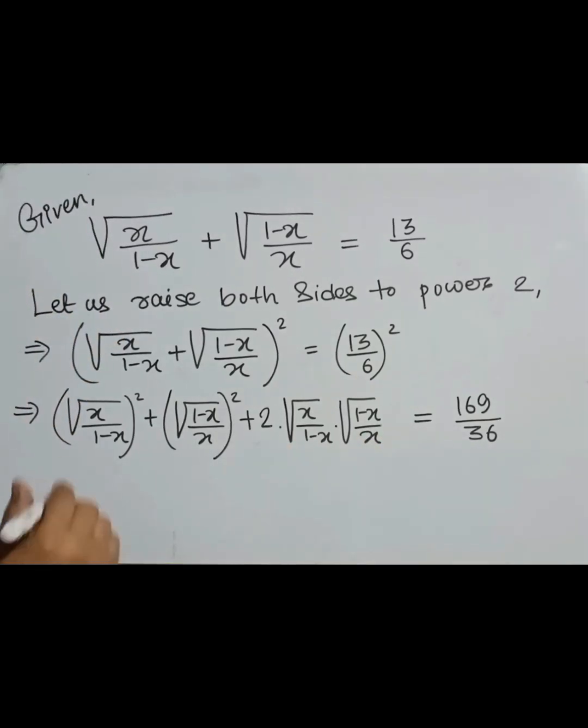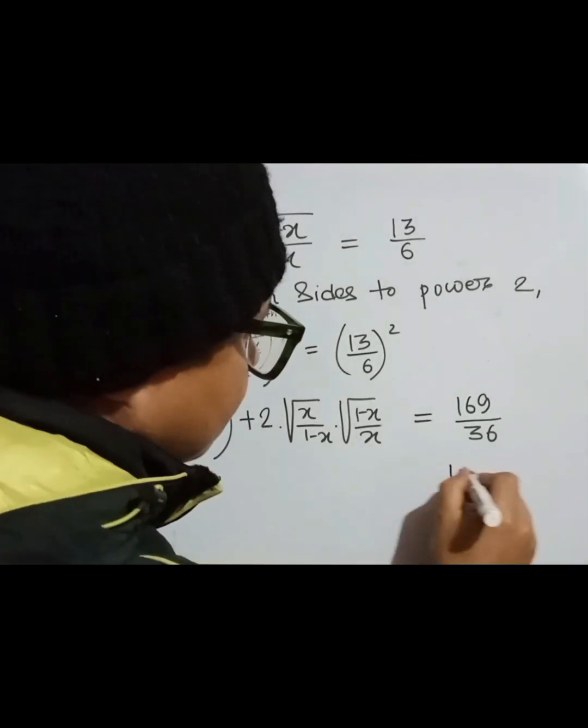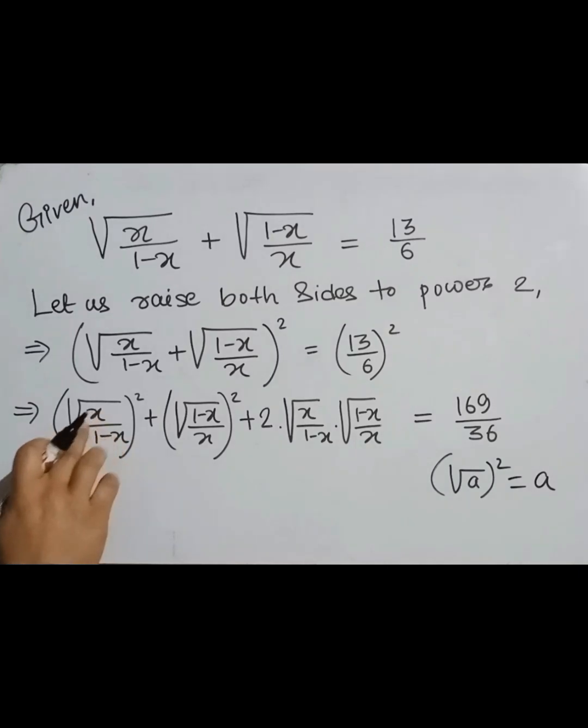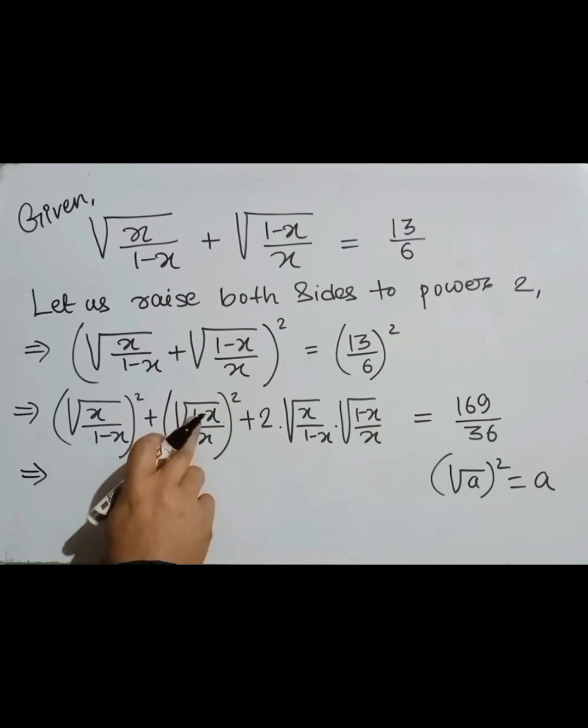So for this we can write 1. And we know √(a²) is equal to a. So the square root of this square is equal to x/(1−x), and for this also (1−x)/x.